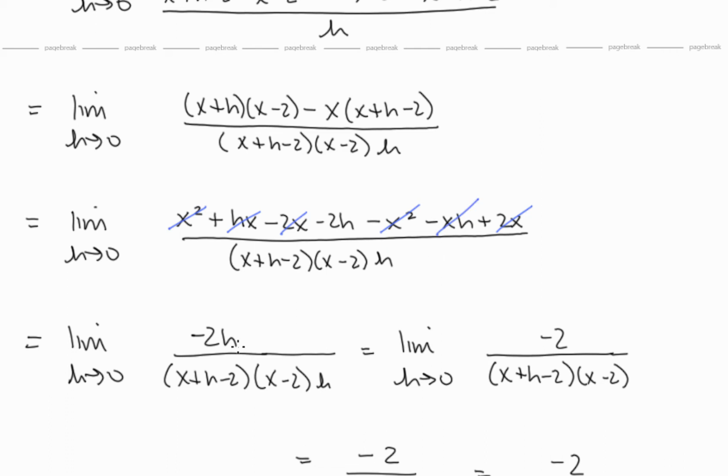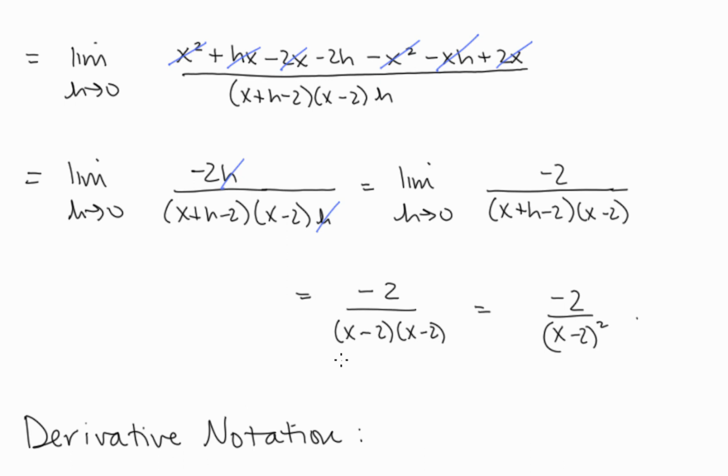And we're left with just negative 2h over (x plus h minus 2) times (x minus 2) times h. And so we can cancel a factor of h, and at this point we can plug in h equals 0. And so we have negative 2 over (x minus 2) times (x minus 2), or a better way to write that, negative 2 over (x minus 2) quantity squared. And this is our g prime of x.